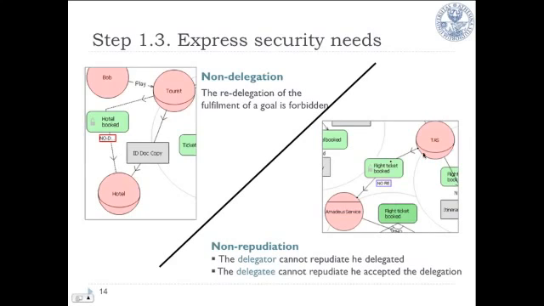So when TAS relies on the Amadeus Flight Service to have flight tickets booked, it might require the Amadeus Flight Service not to deny that it has accepted the delegation, but at the same time the Amadeus Flight Service could express the security need of non-repudiation to the TAS so that it doesn't deny later on that it has delegated this goal to the Amadeus Flight Service, so that he doesn't achieve a goal that he supposedly was not delegated by anyone.